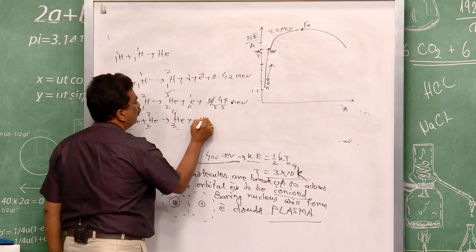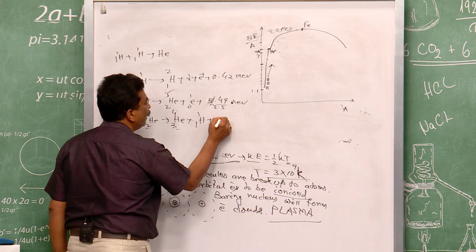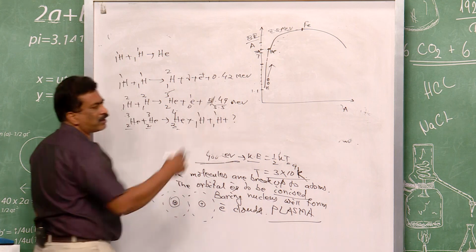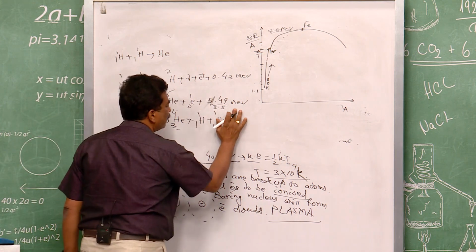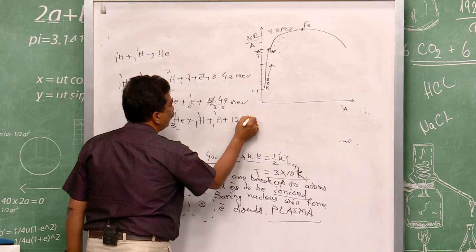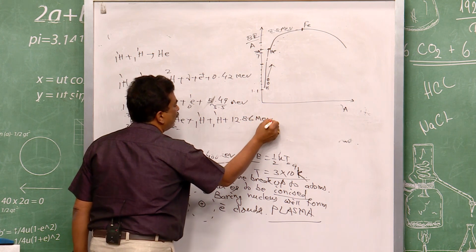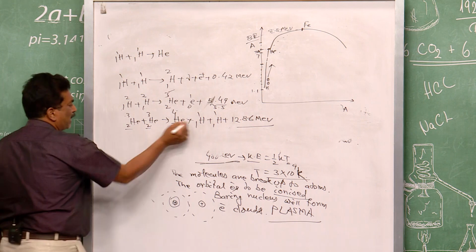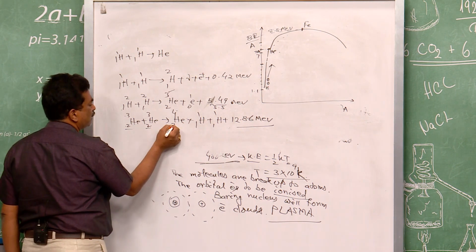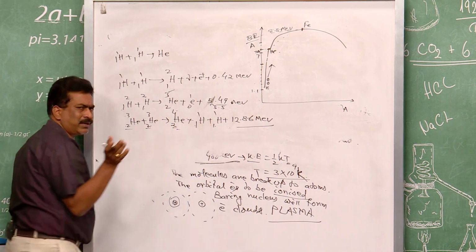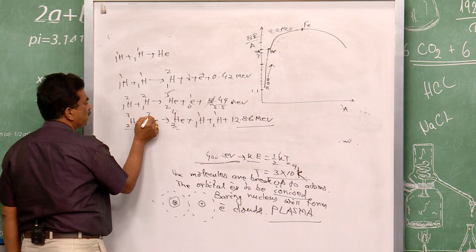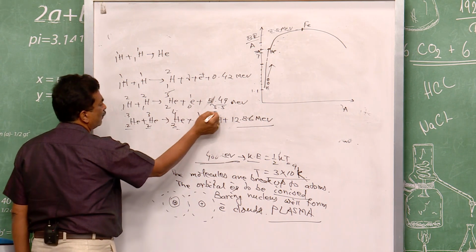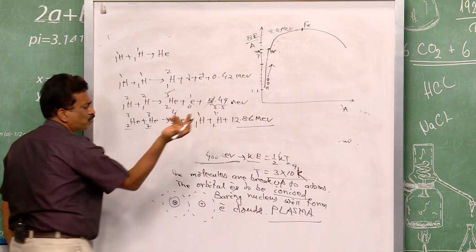That 2 more will be there with the energy, and that energy liberation will be 12.86 MeV. Is it balanced? 2, 2, 4. This is 2 plus 1, 3 plus 1, that is 4. This is 3, 3, 6. This is 4 plus 1 plus 1, 4 plus 1 is 5, 5 plus 1 is 6.